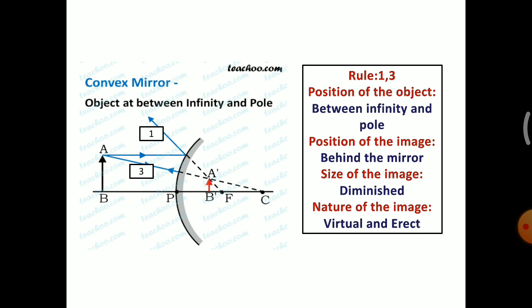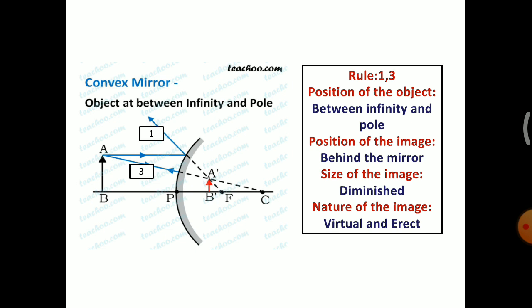The third rule, the ray passing through the center of curvature, after reflection, will go back along the same path. So the two reflected rays meet at a point between F and P. So this is the position of the image.